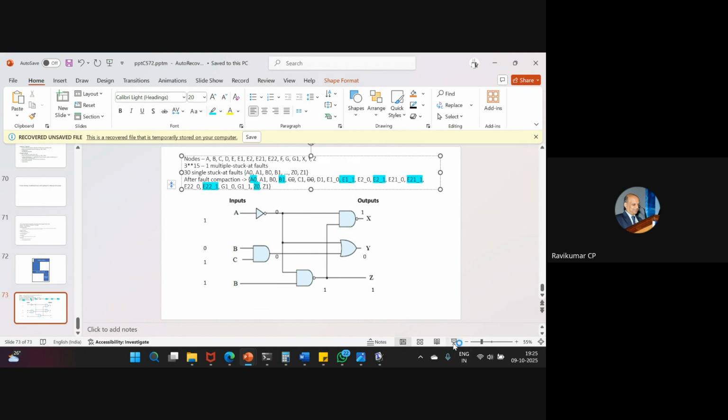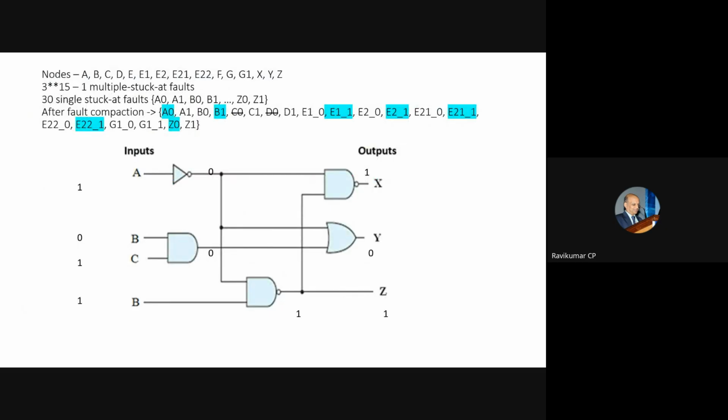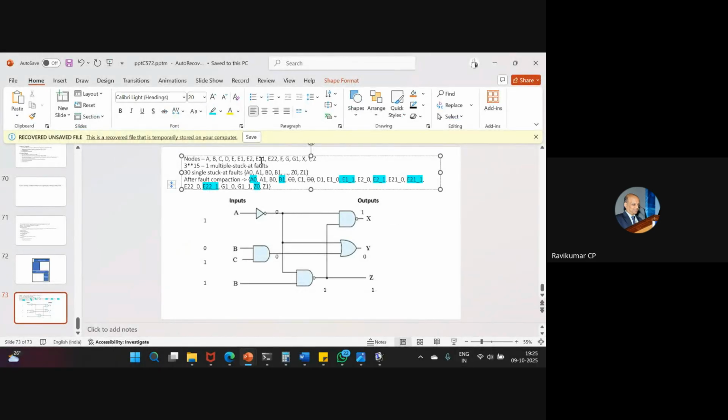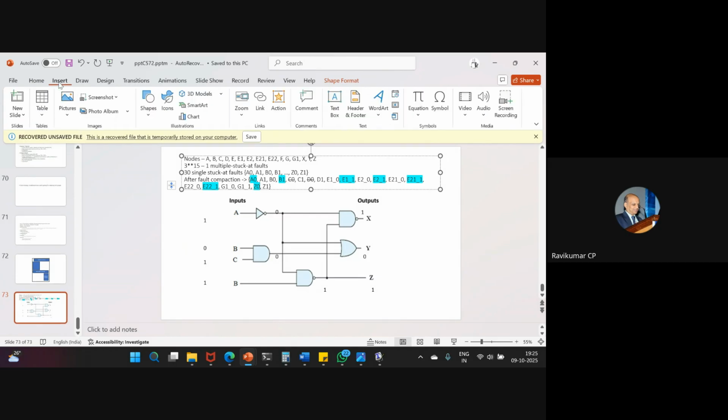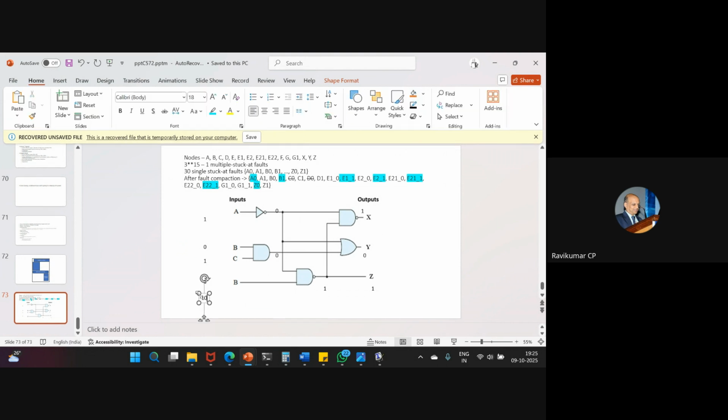And Z1 we cannot detect. So the random vector 1011 will detect 1, 2, 3, 4, 5, 6, 7 faults. So its fault coverage, okay, so 1011 detects 7 out of how many?